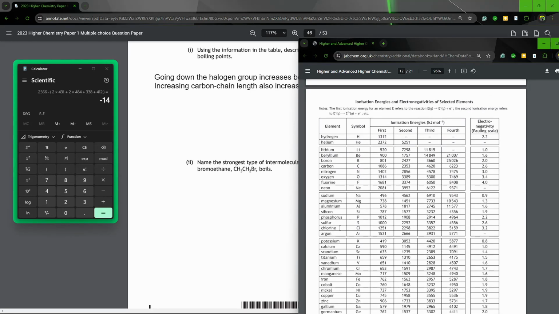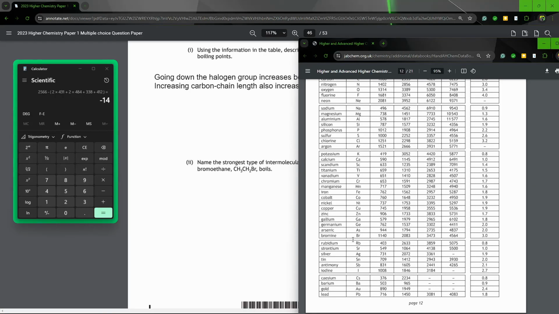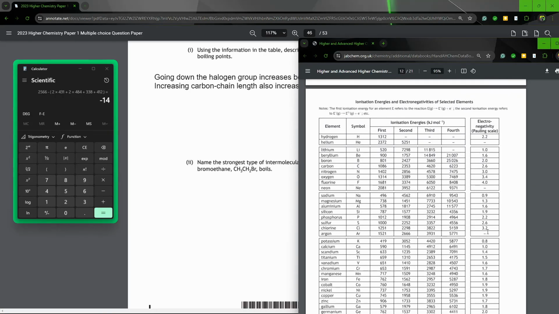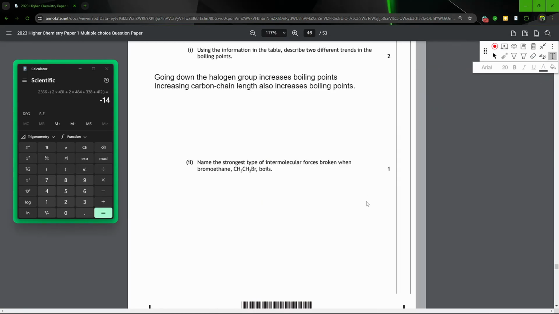There's a 1.0 difference, which means there will be permanent dipole interactions. But there's no hydrogen bonding because hydrogen is not connected to nitrogen, oxygen, or fluorine. So it'll be just permanent dipole to permanent dipole interactions.